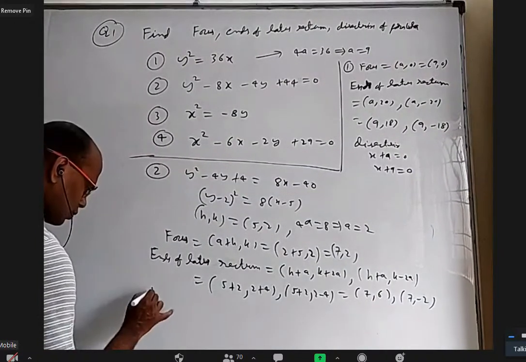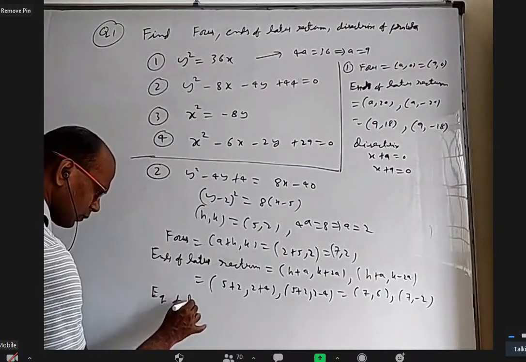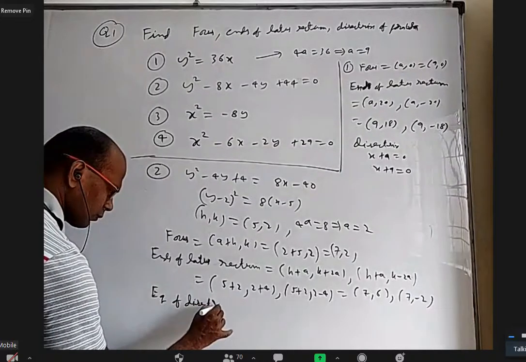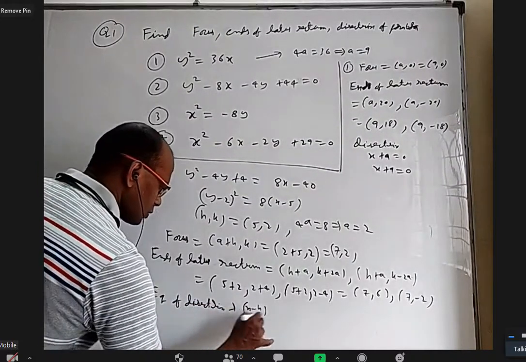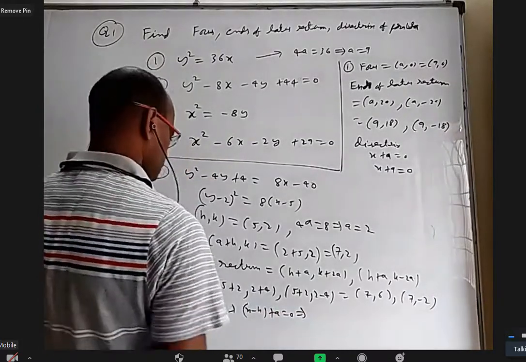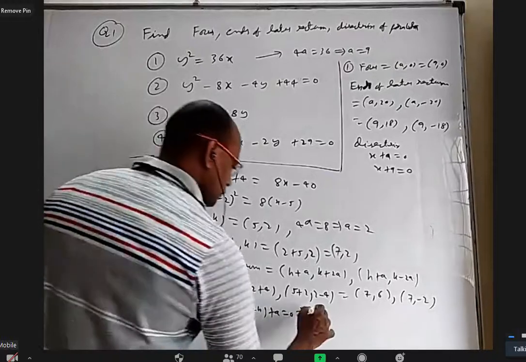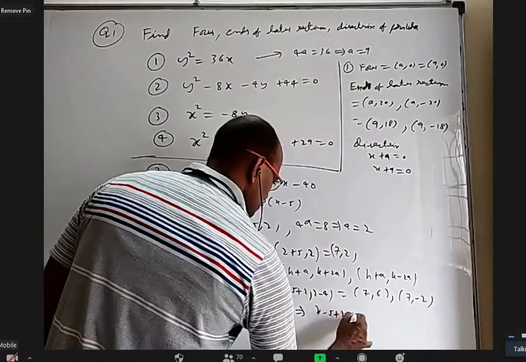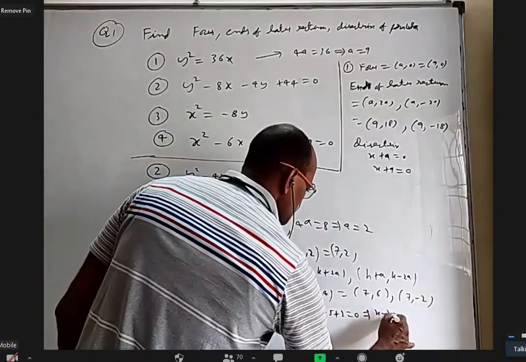Directrix: x minus h plus a equal to 0, x minus 4 plus 2 equal to 0, x minus 2 equal to 0.